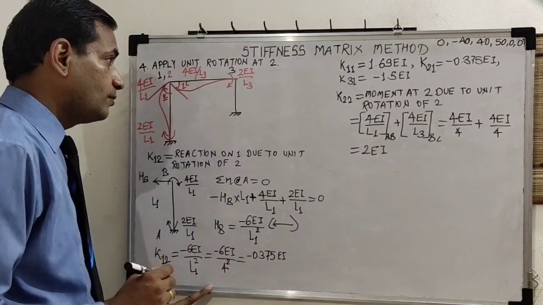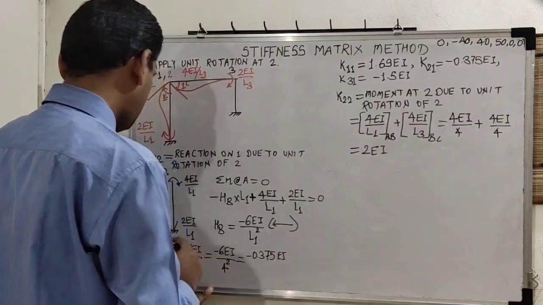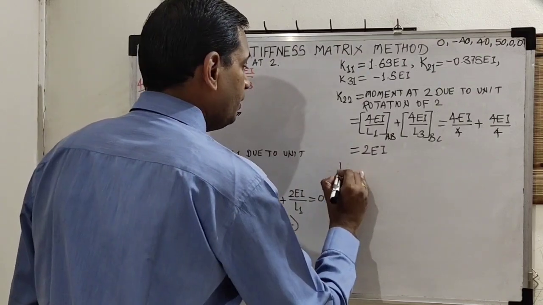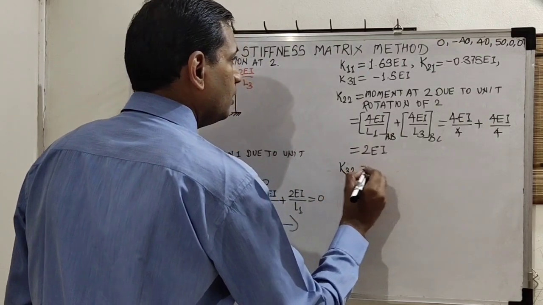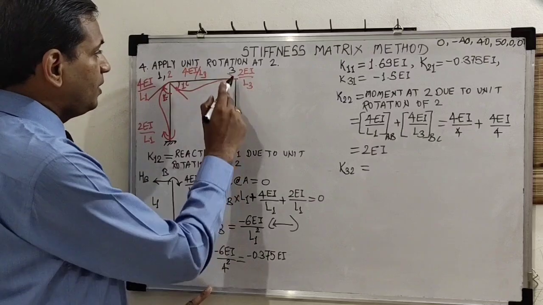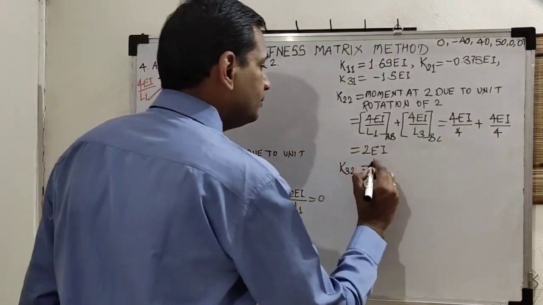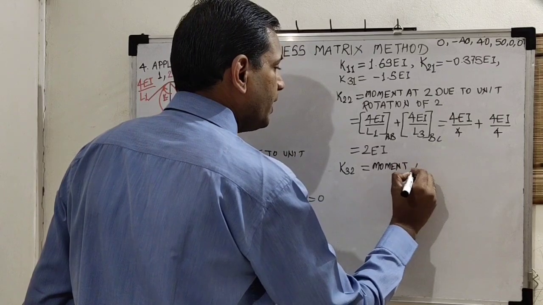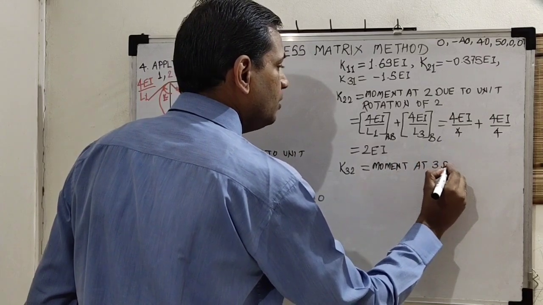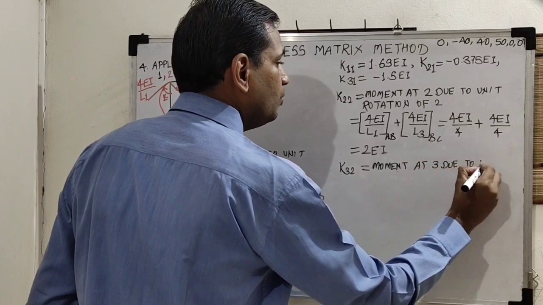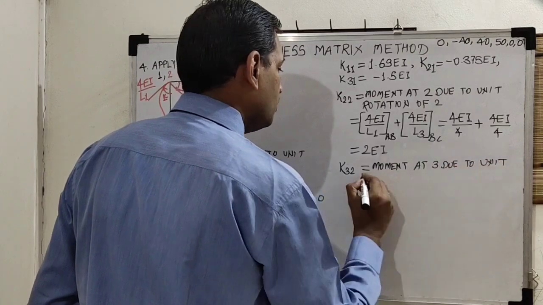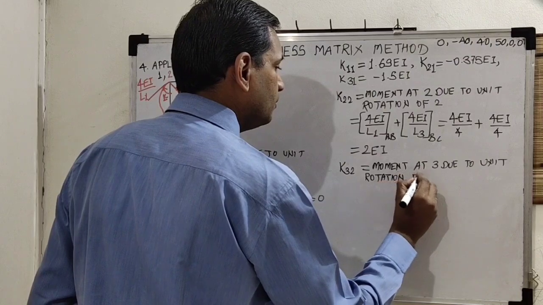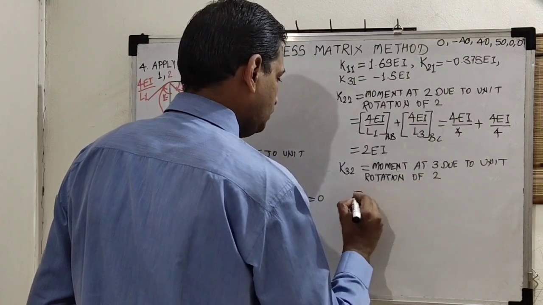Next, K32. What is K32? Moment at 3 due to unit rotation of 2.